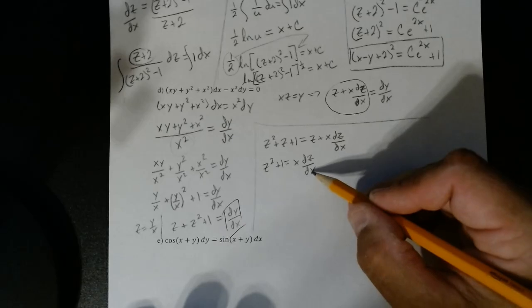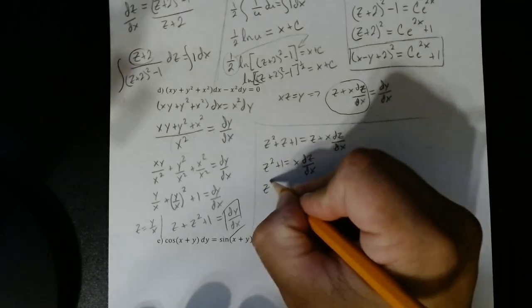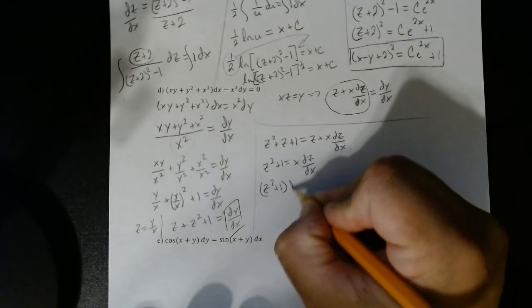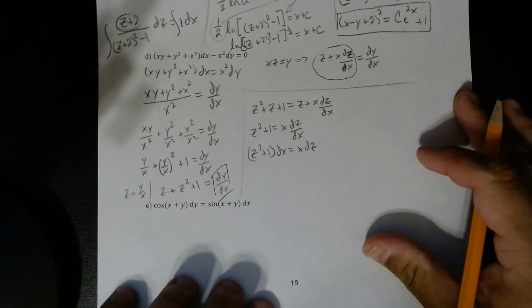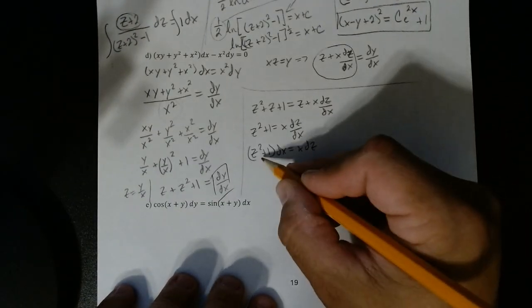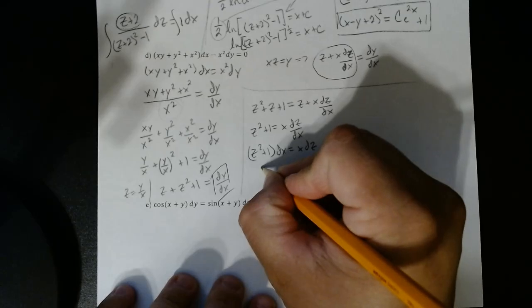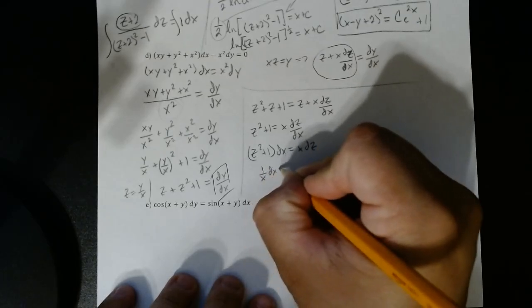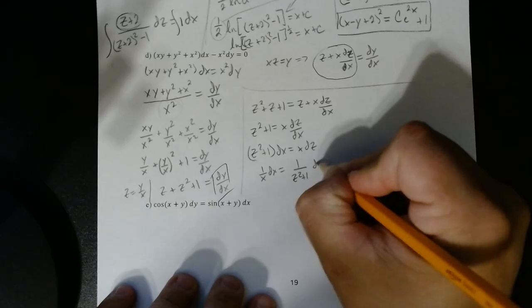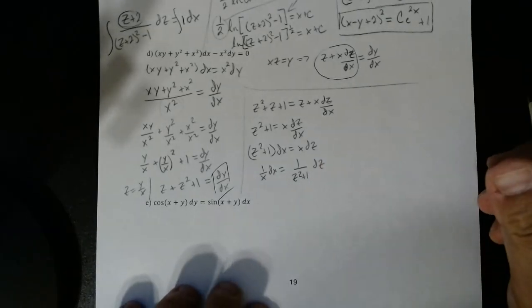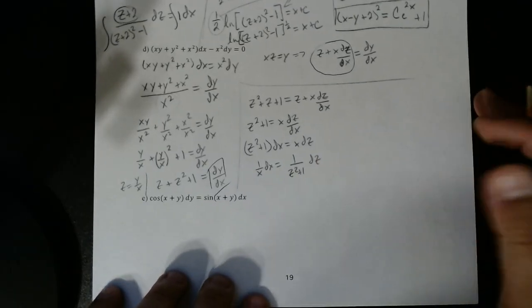Okay, so if I could bring that over there. Oh, it looks like we can now. So divide over the x, divide this over. We have 1 over x dx is equal to 1 over z squared plus 1 dz. And there's our separation of variables. Good. All right, so not too bad.